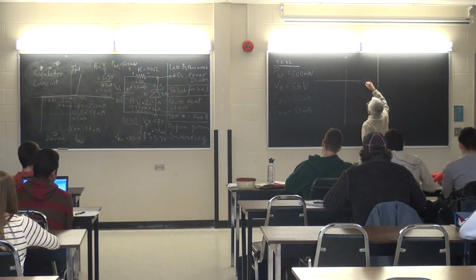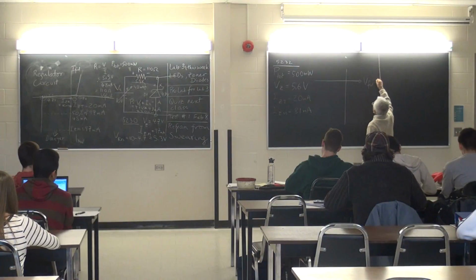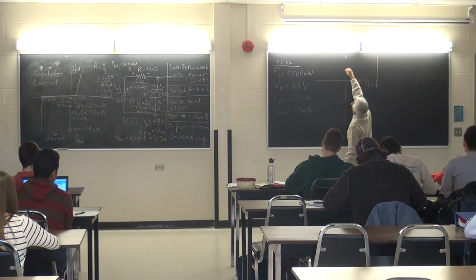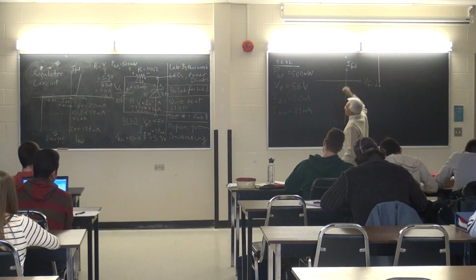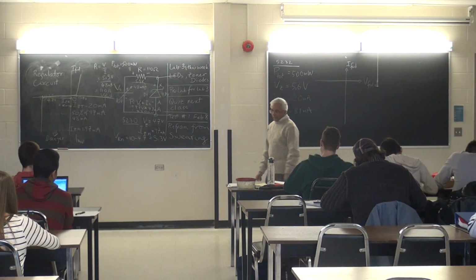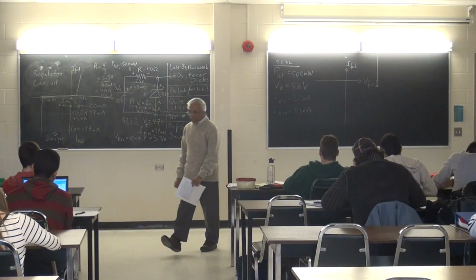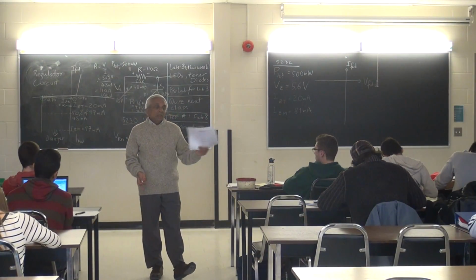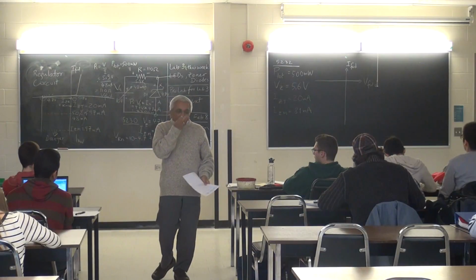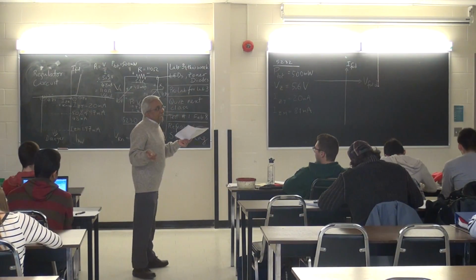X-axis, V forward. Y-axis, I forward. This is what we show with diodes. The x-axis is V, the y-axis is I. Can we switch them? Yes, you can, but this is just an industry standard.